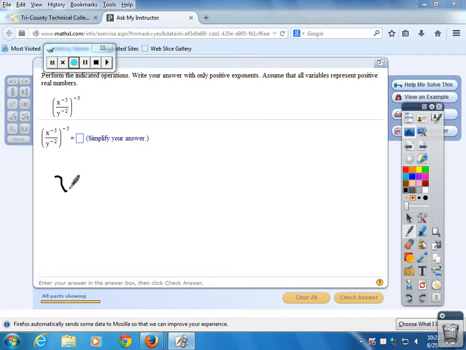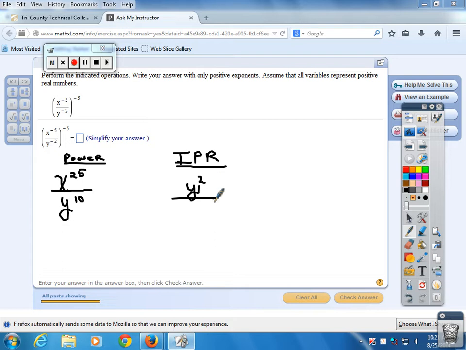So X, using the power rule first: X to the what over Y to the what? Now if you use the inverse power rule, that's going to be Y to the second over... Y to the negative 2 over X to the negative fifth, raised to the positive fifth, sorry.